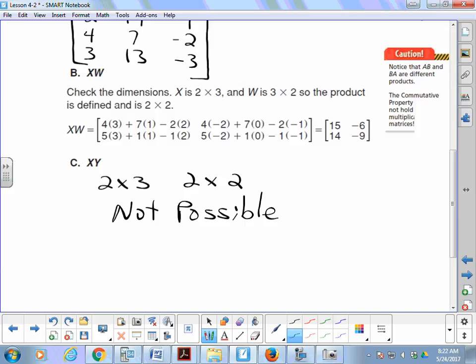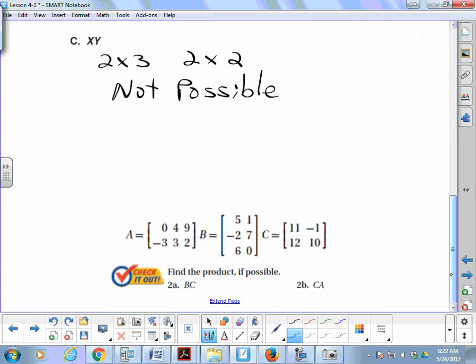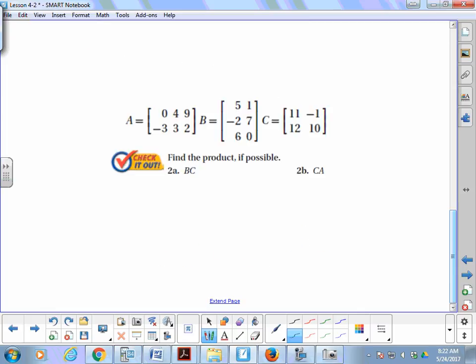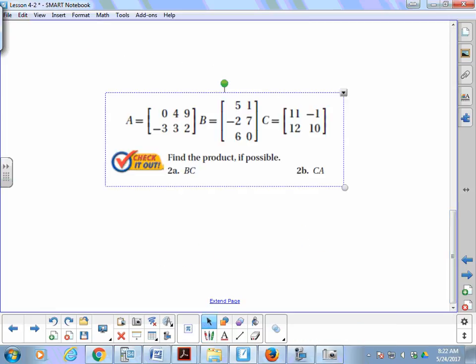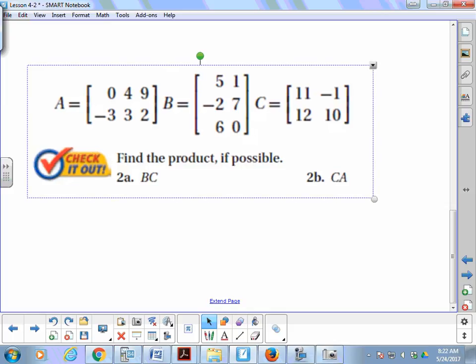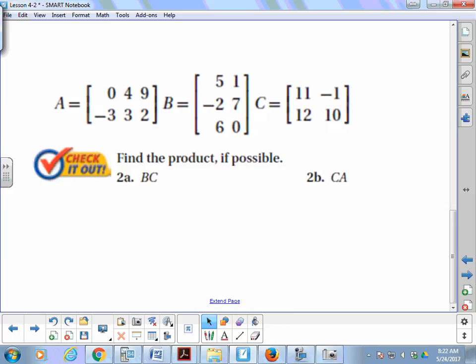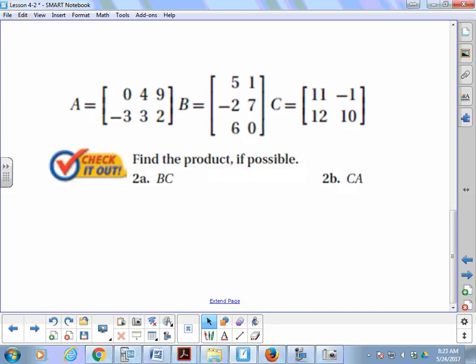It's not possible. All right. So if you can multiply them together, multiply them together.